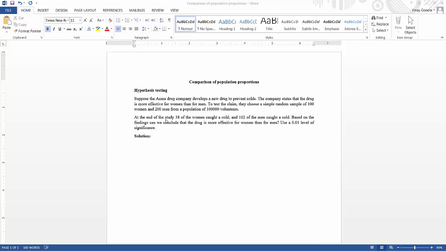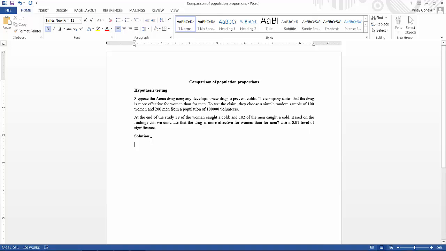At the end of the study, 38 of the women caught a cold and 102 of the men caught a cold. Based on the findings, can we conclude that the drug is more effective for women than for men? Use a 0.01 level of significance.